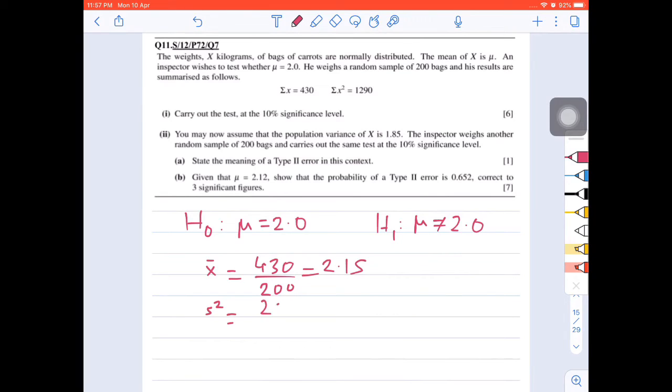That will be 200 upon 199 times (1290, sigma x squared, upon 200 minus 2.15 squared). So s squared is equal to 1.836667.